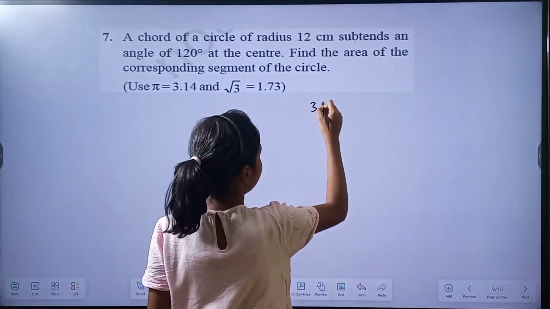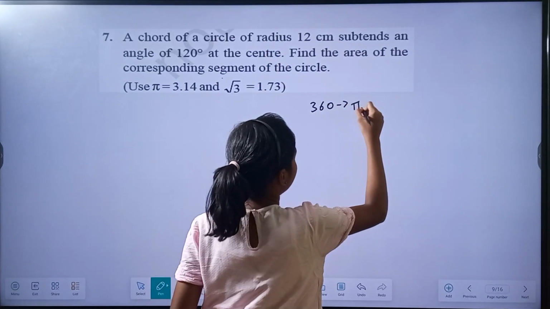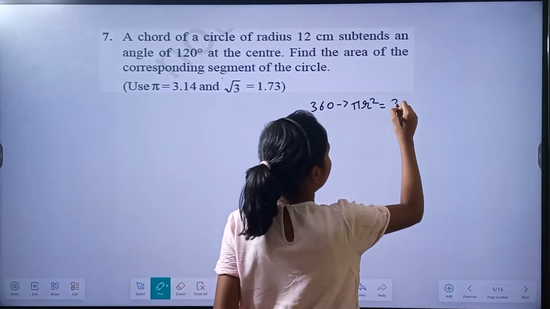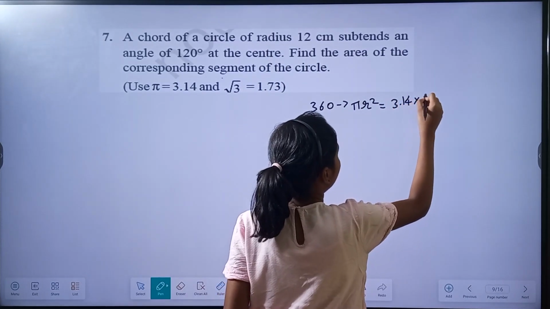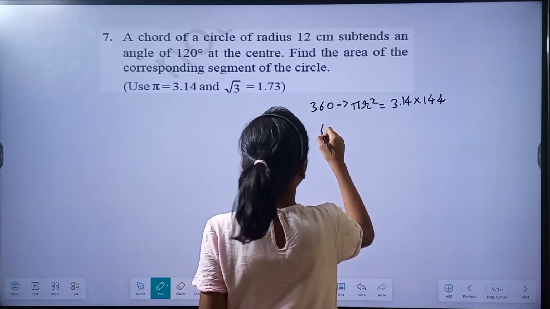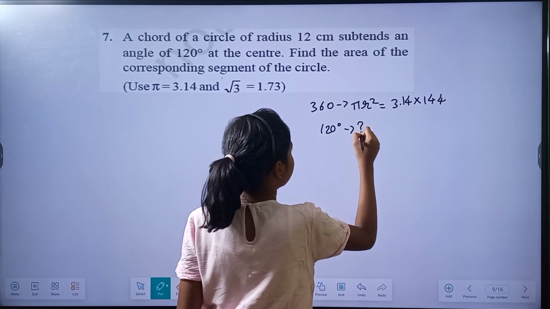For 360 degrees, with radius 12 centimeter, pi r square, with pi equal to 3.14, is 3.14 into 144. This is the area, and for 120 degrees, how much?